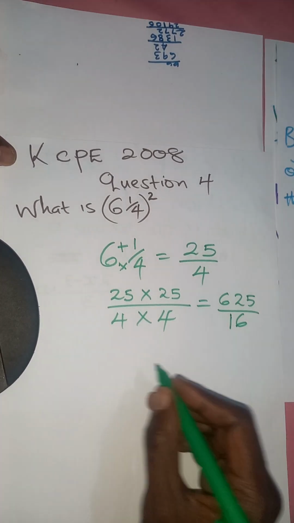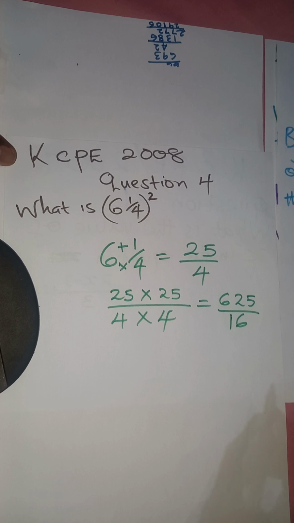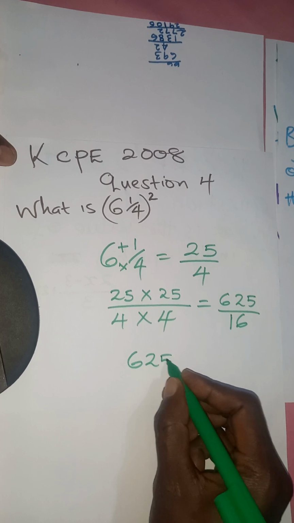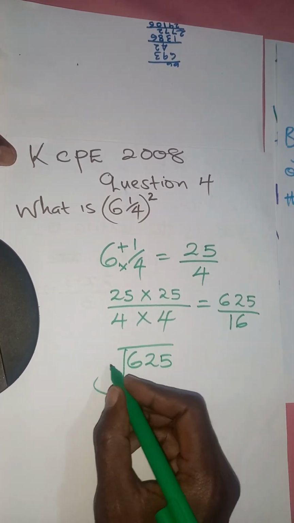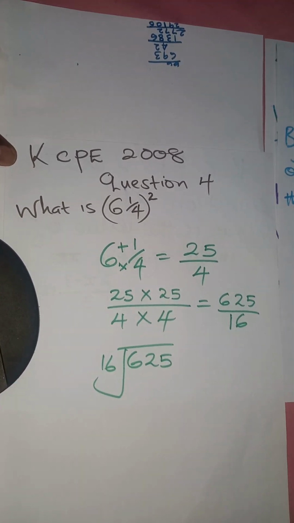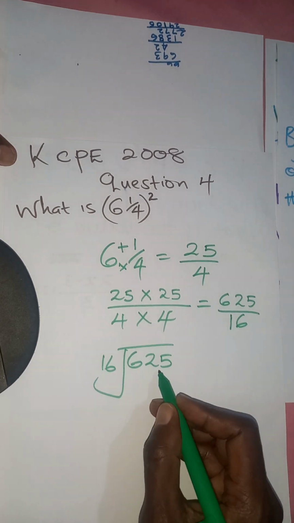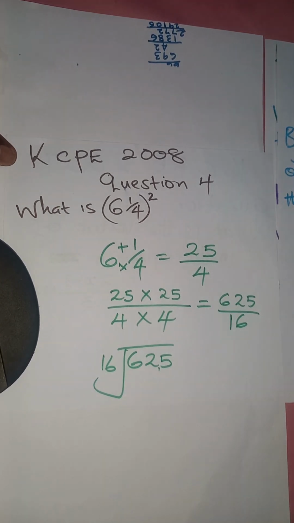So we move on with the long division method because you cannot leave your answer as an improper fraction. You all the time leave it in the simplest form possible. So you say 625 divided by 16. You know very well that 16 times 4 is 64, and this is 62 when we divide our number like that.